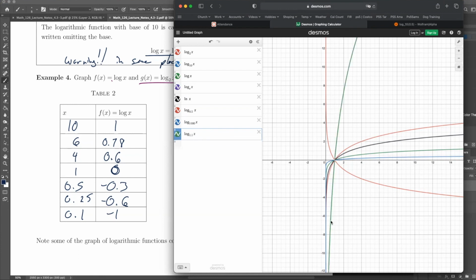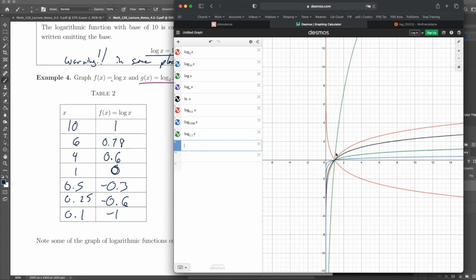Notice how this is pretty wide. So here's really big numbers all the way down to 1. Here, log base 1. I don't even think that's allowed, but let me see if it'll do it anyways for me. Yeah, it won't do it. It says that's not a function. Log base 1 is just not a function. So it won't graph it.